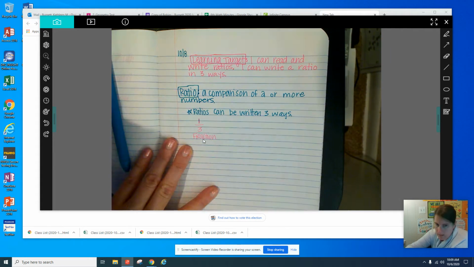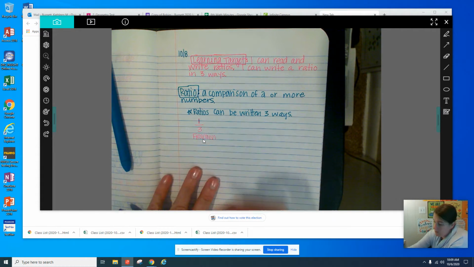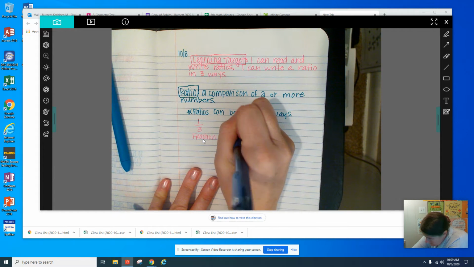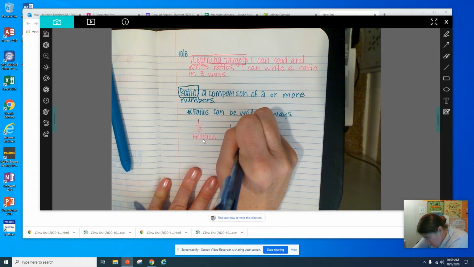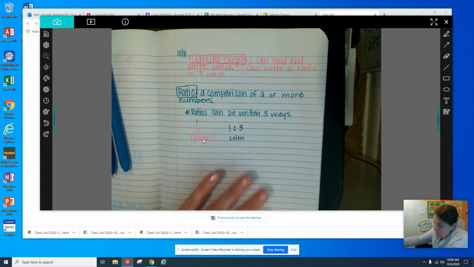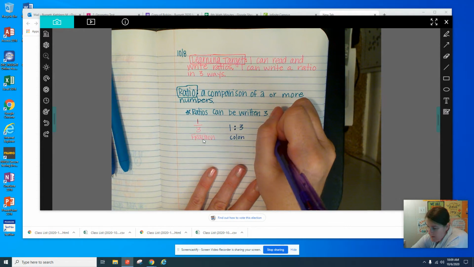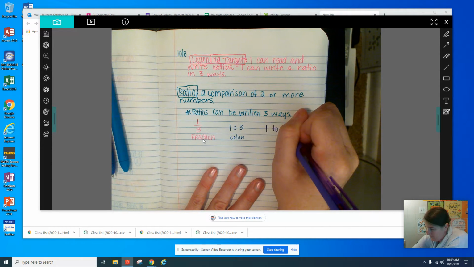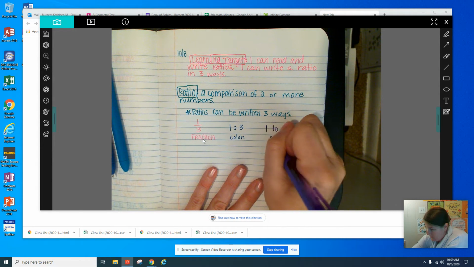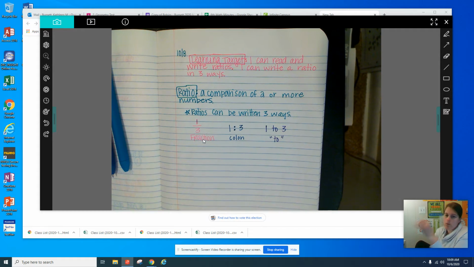You can also write a ratio with a colon like this. And finally, this is interesting, you can write a ratio using the word to, T-O. So when we say the 3 ways to write a ratio, those are the ways that we mean.